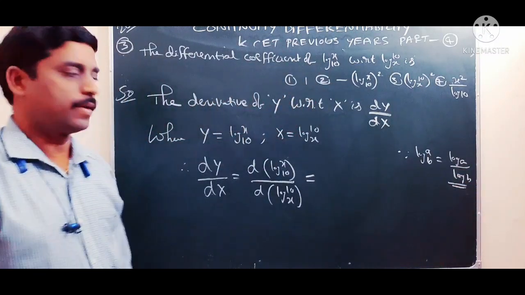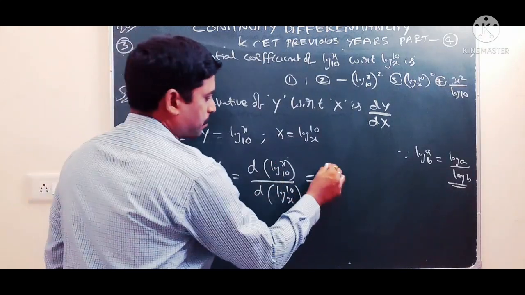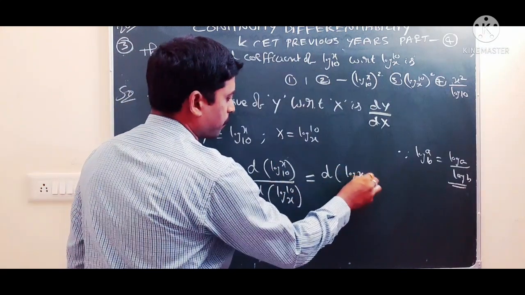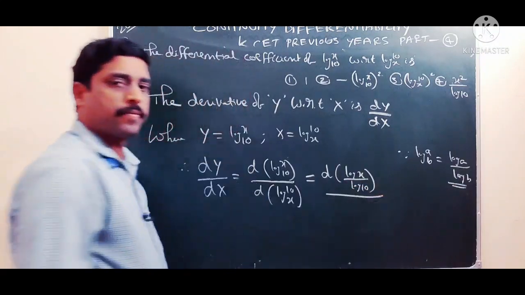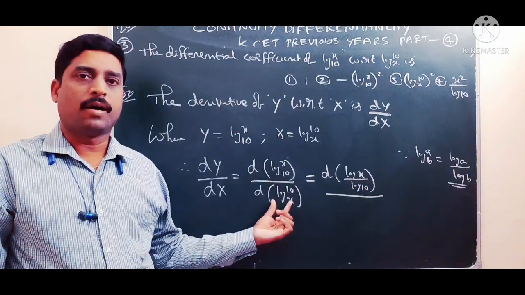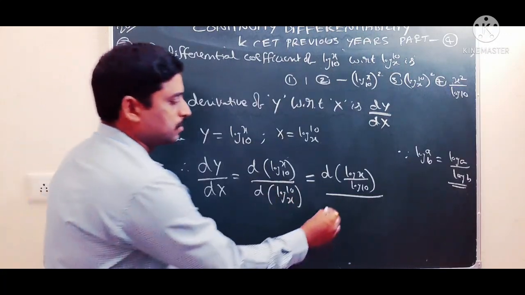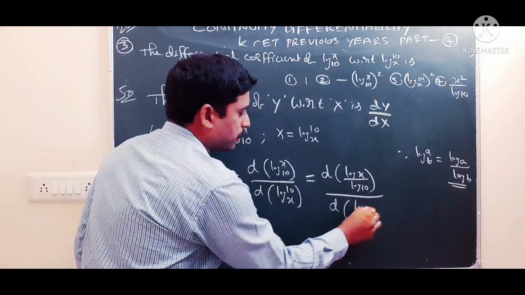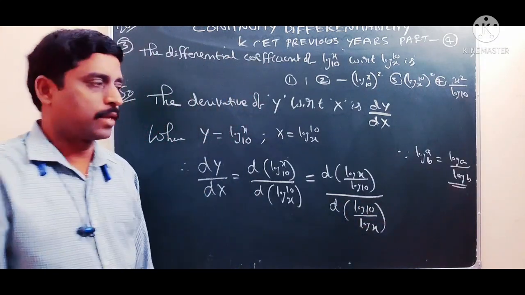Log x base 10 can be written as log x by log 10, whole divided by, in the denominator, log 10 base x, which can be written as log 10 by log x.